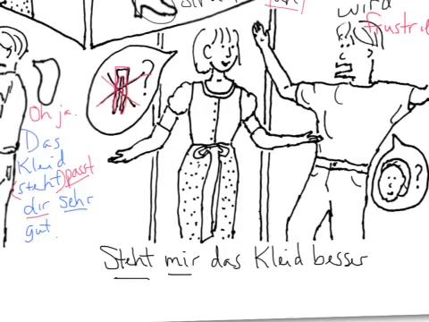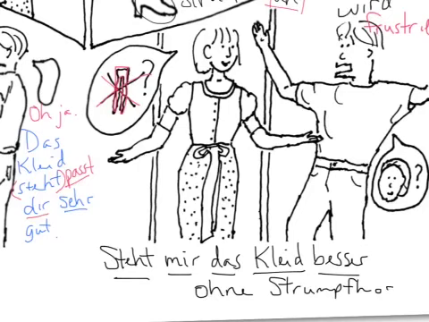Looks on me the dress better. Now we just need without pantyhose. And the word without, I believe we've talked about this in class, is ohne. Ohne means without. Strumpfhose. Steht mir das Kleid besser ohne Strumpfhose? Looks on me the dress better without pantyhose?